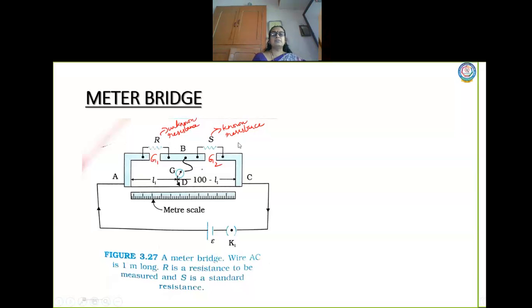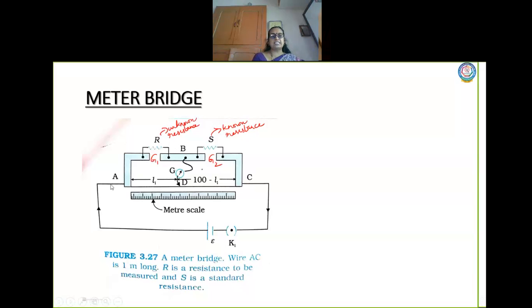To start with, we'll fix a known value of resistance. And after fixing the known value of resistance, we have to move the jockey from A. When you keep moving the jockey along the wire, now you will have deflection in the galvanometer. So you start keeping the jockey from here. Initially, as I said, there is a deflection to the left side of the galvanometer.